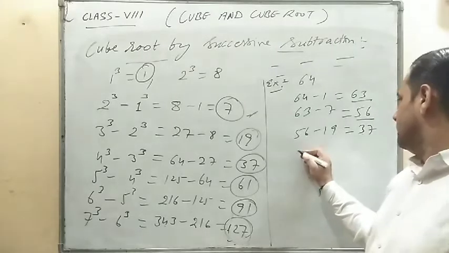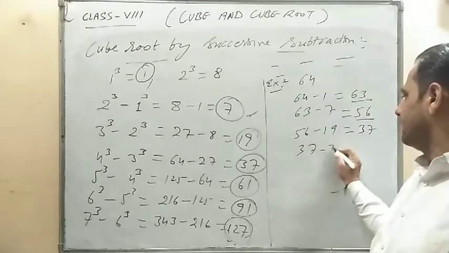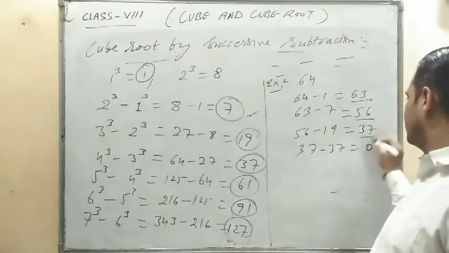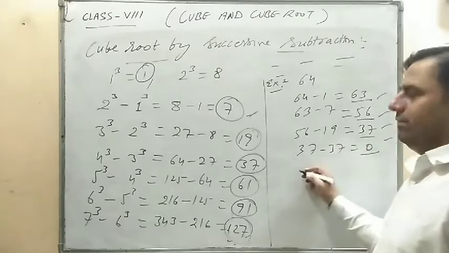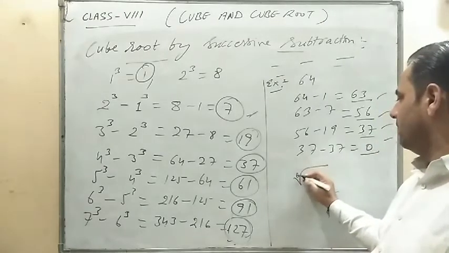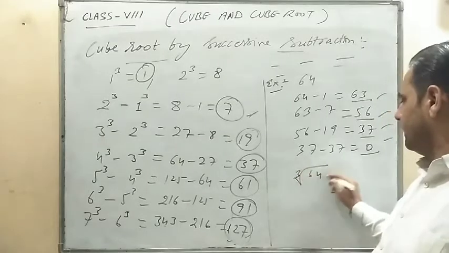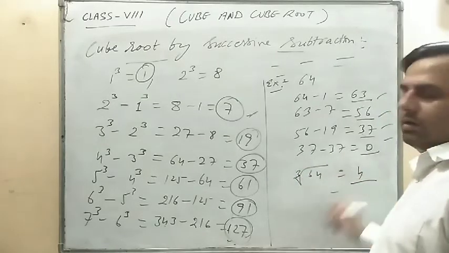Next, 37 minus 37 is equal to 0. Now it covers 4 steps. So the cube root of 64 is equal to 4.